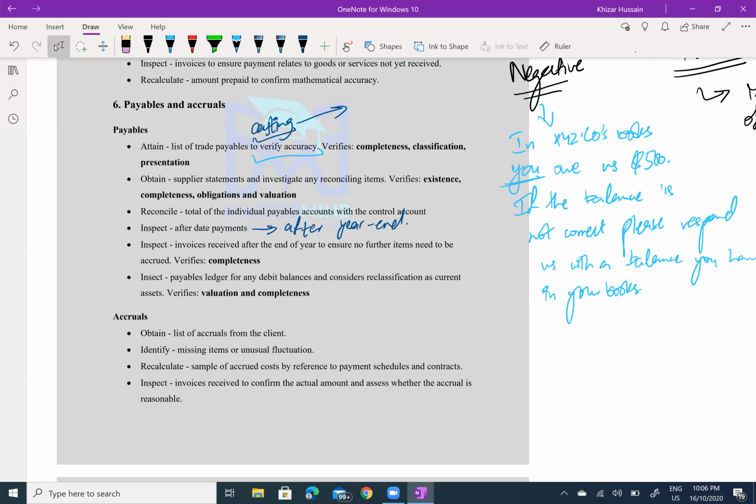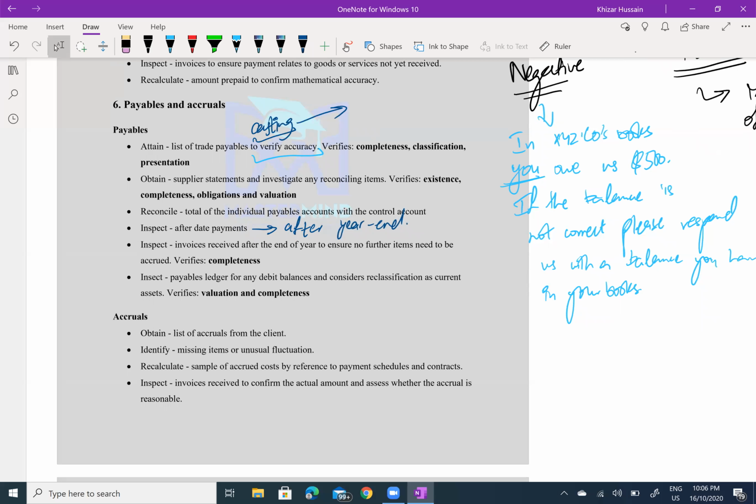So let's say the invoice time is usually 2 or 3 days, but due to some issue, the supplier couldn't send you the invoice, and you received it after 10 days, for example. And obviously, if you haven't received the invoice, you won't book a payable, because you don't know the amount. So you check subsequent receipts of invoices against which you already received the goods before or at year end, and you book an accrued liability. Okay, you book a payable. Make sense?